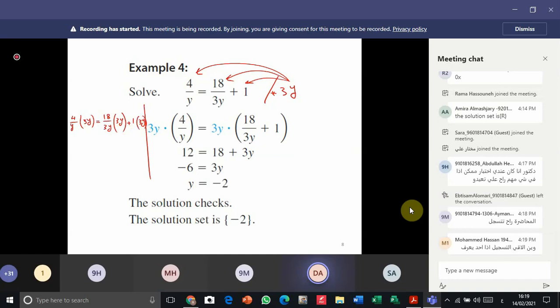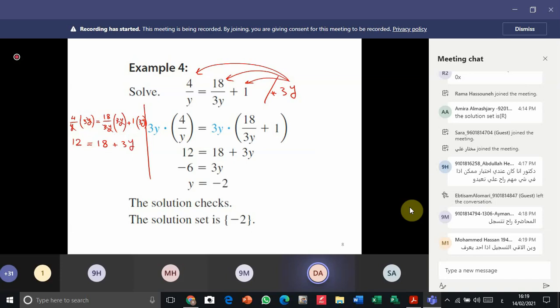So y cancels with y and we have 12. 3y cancels with 3y, we have 18. Plus 1 multiplied by 3y, we have 3y.